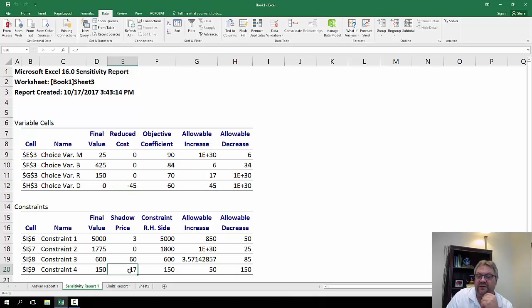But what this is actually telling me, the shadow price here says that if I increase constraint 4, or my R variable, by 1 unit, then my profit will actually fall $17, despite the fact that this is a 0, right? The way I view this, the reduced cost should be a negative 17. I'm not sure why it's not, right? We'd have to talk to our good friend Bill Gates. But I want to show that to you.